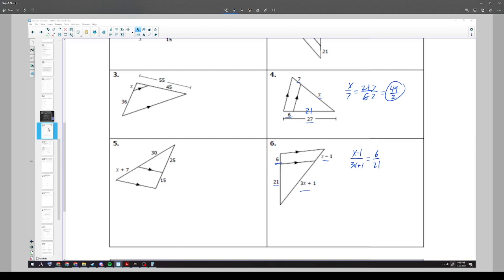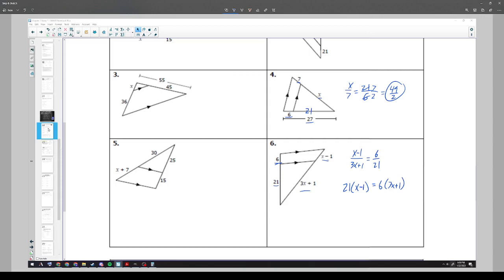So one thing, we can just do cross multiplication basically. So we're trying to multiply 21 over to here and 3x plus 1 over to here. We would get 21 times x minus 1 equals 6 times 3x plus 1. We could have also simplified 6 over 21 first.